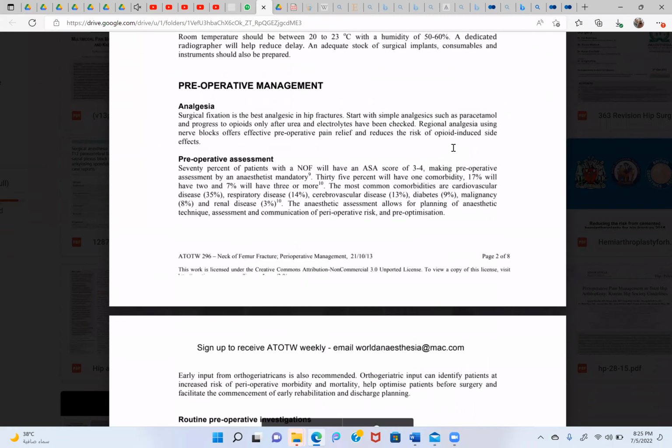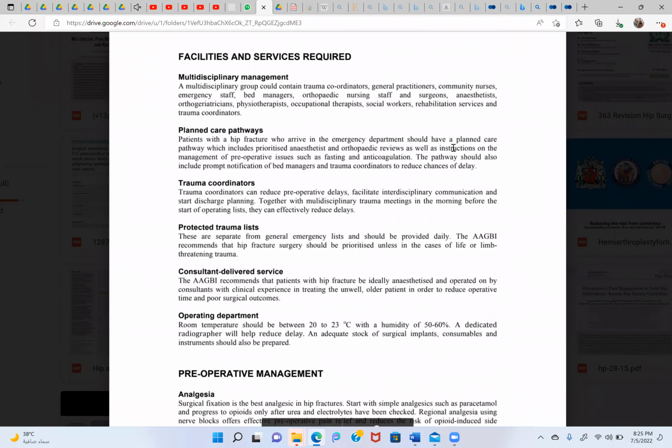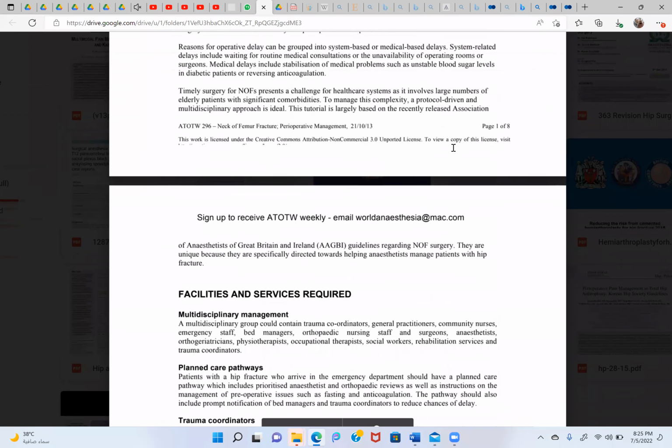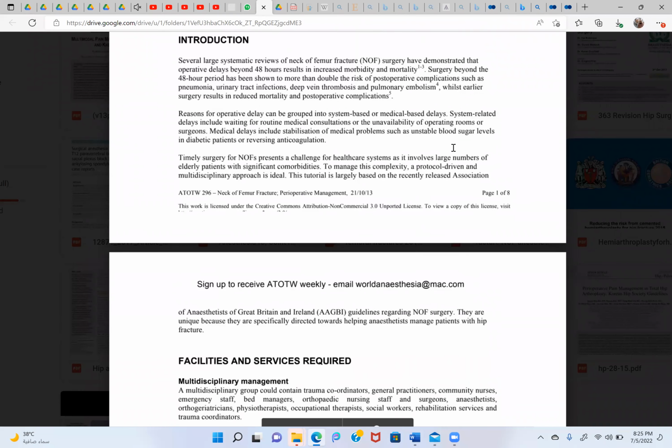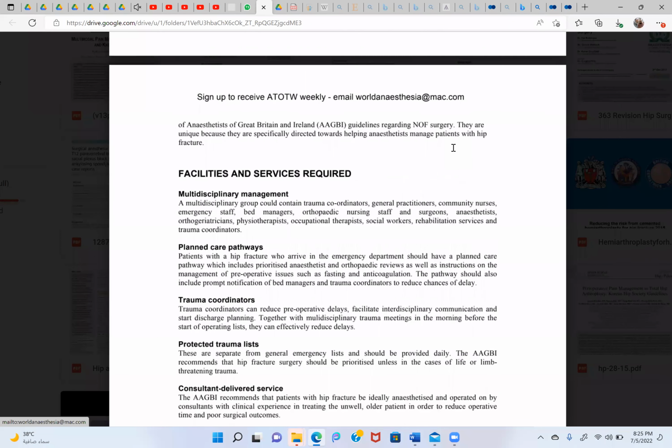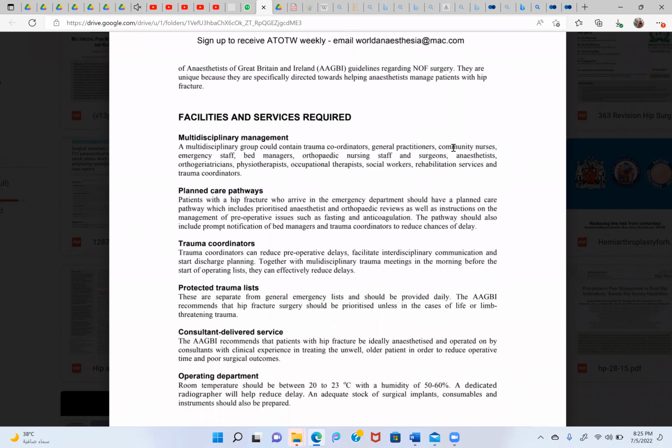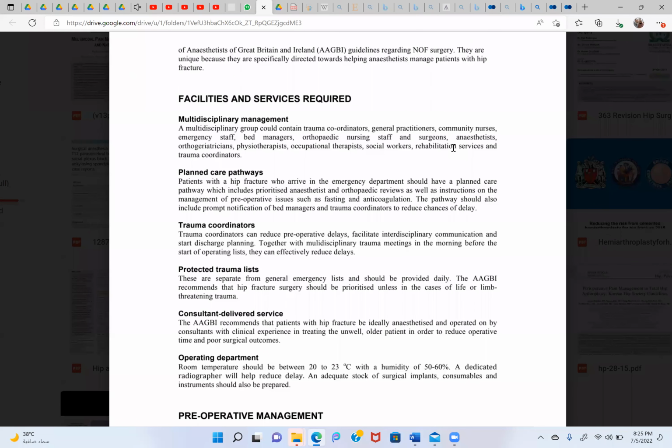These are a few points about the routine preoperative evaluation. If, for example, the patient is diabetic or hypertensive, you will be evaluating the end organ damage related to diabetes mellitus and hypertension, and you will do the evaluation accordingly.